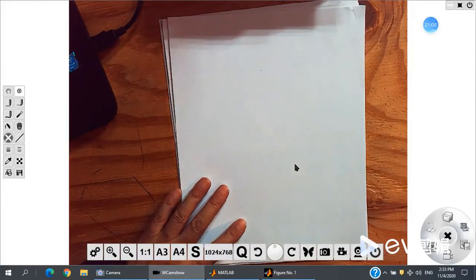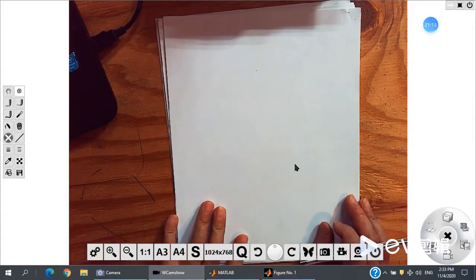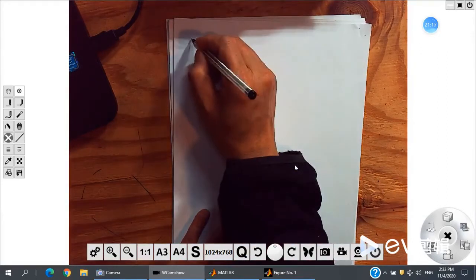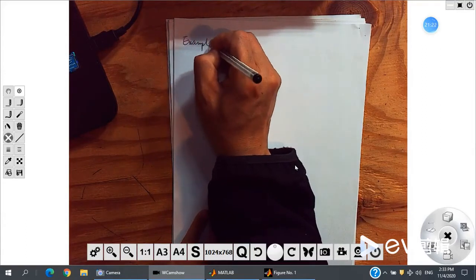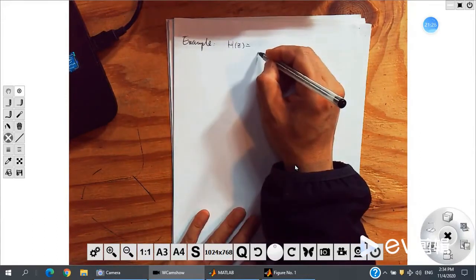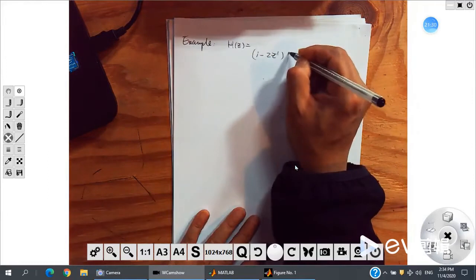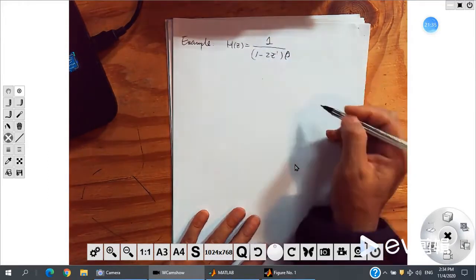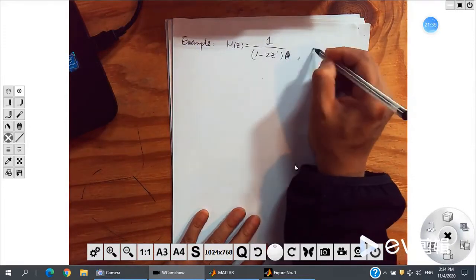Now we can try to use the all-pass filter system on the minimal phase system. Consider an example to explain it. We have H(z) equal to 1 minus 2z to the negative 1. We suppose this is a causal system.